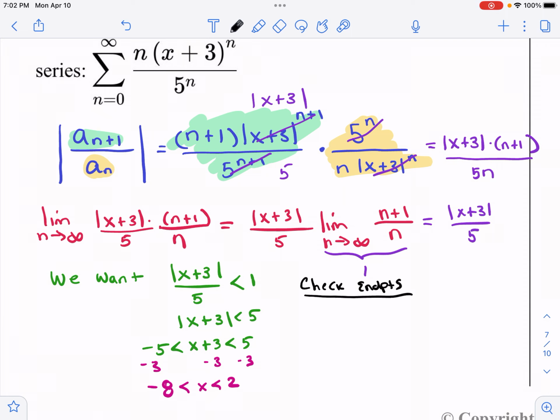Okay, so for example, when x is equal to -8, then that series above looks like this. So -8 plus 3 is -5 to the n.